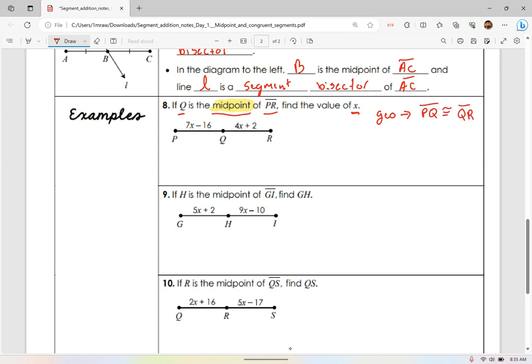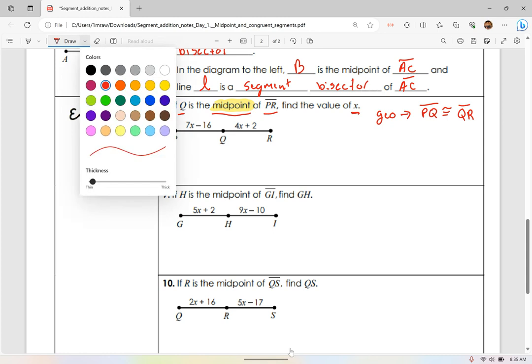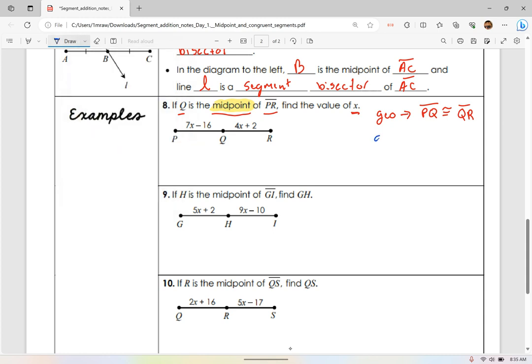And this is because it says midpoint. With that being said, our algebra says that PQ is equal to QR. So we can substitute and use our values.